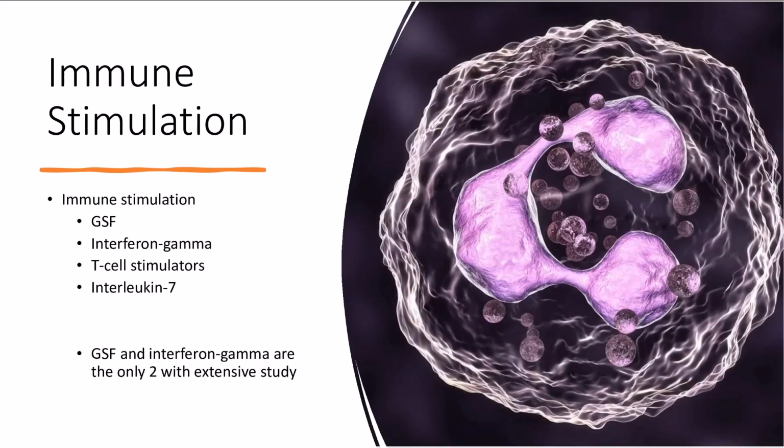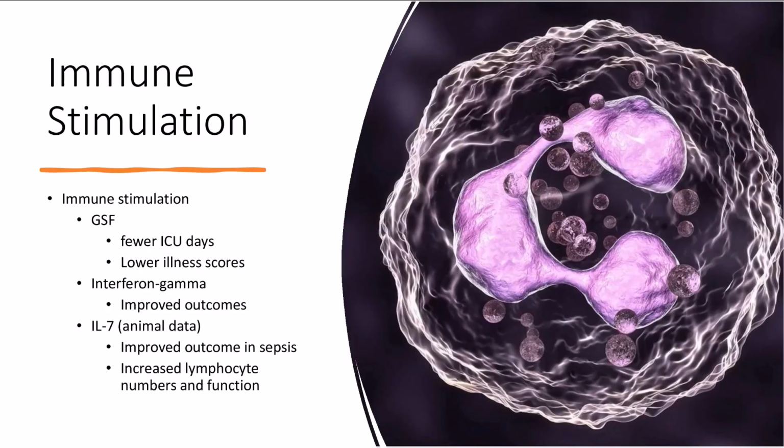So the use of things like granulocyte colony stimulating factor, which is G-CSF, interferon gamma, T-cell stimulators, and interleukin-7 can be associated with improved outcome. To date, only granulocyte colony stimulating factor and interferon gamma have been subjected to extensive study. The other two, interleukin-7 and T-cell stimulators, are still in their infancy when it comes to study.